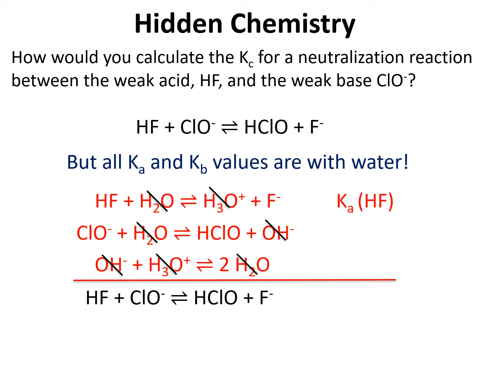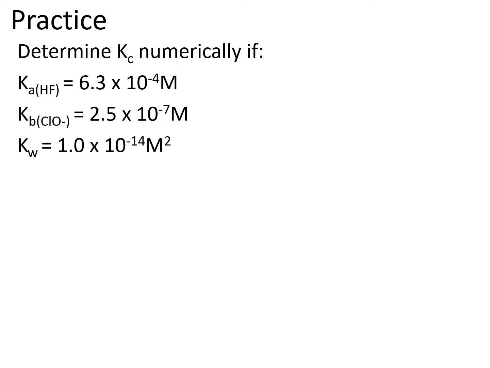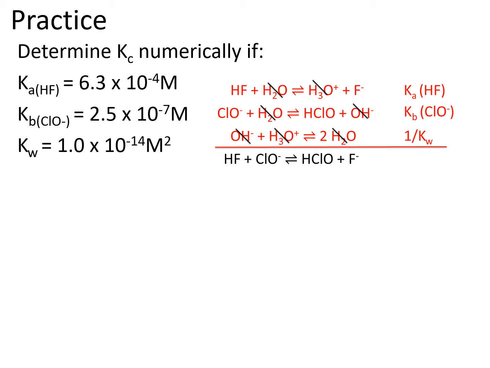I know what the first reaction is. It's going to be Ka. I know what the second reaction is going to be. It's going to be Kb. And I know that the third reaction is going to be Kw, or 1 over Kw, because we are going from OH minus to water. So I have an expression again where I can go ahead and create numerically what my K for this bottom black reaction is.